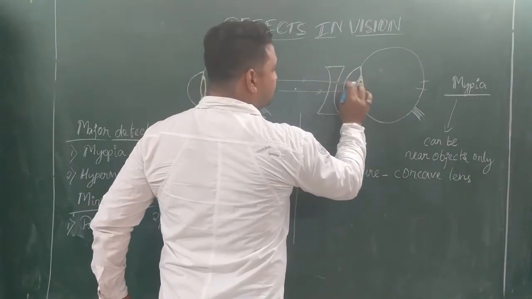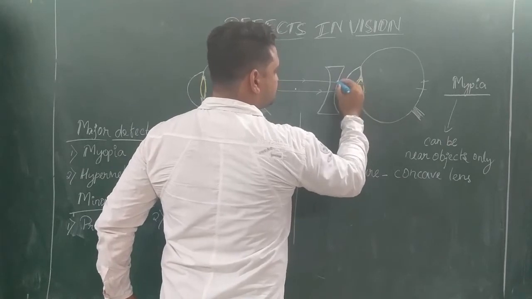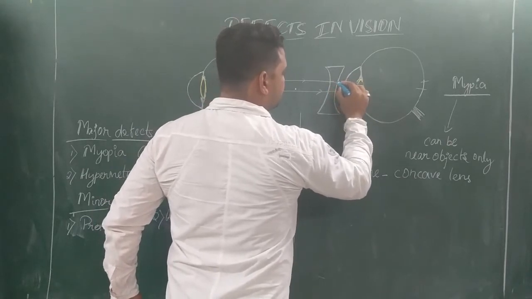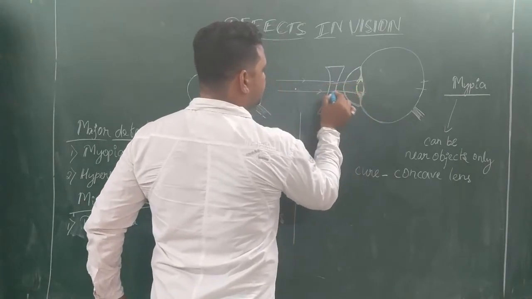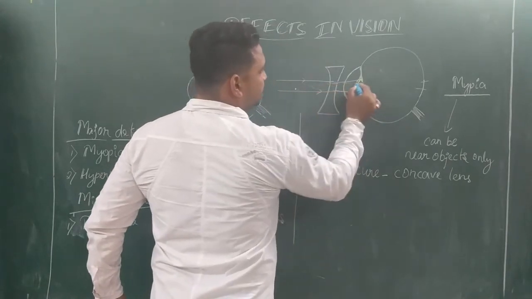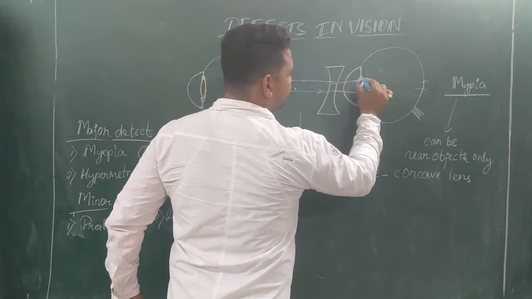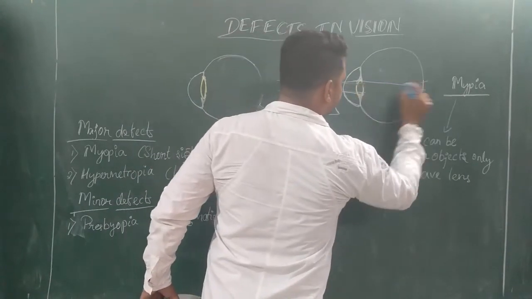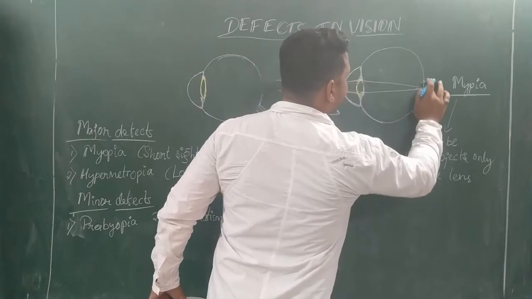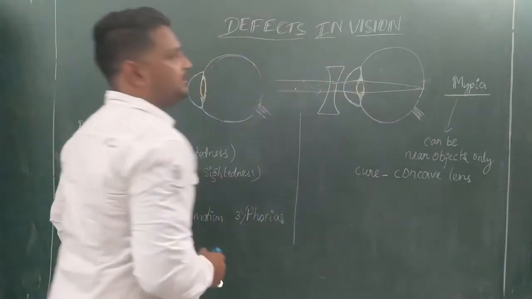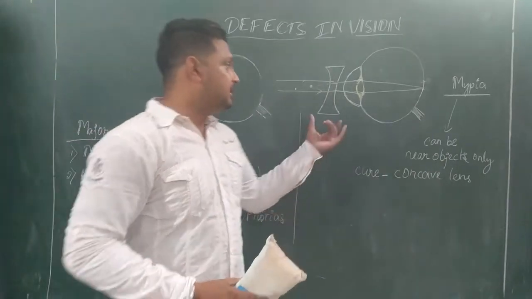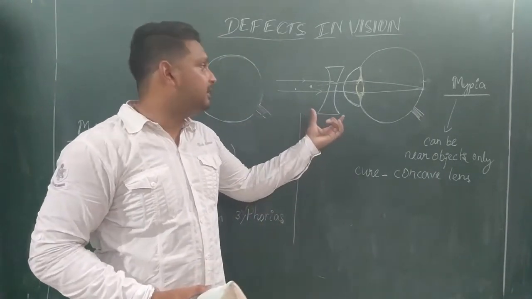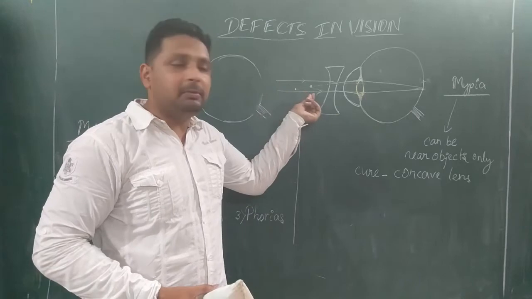Then the rays, when they interact with the eye lens, will converge at the retina, forming the image. The concave lens makes the object come nearer.